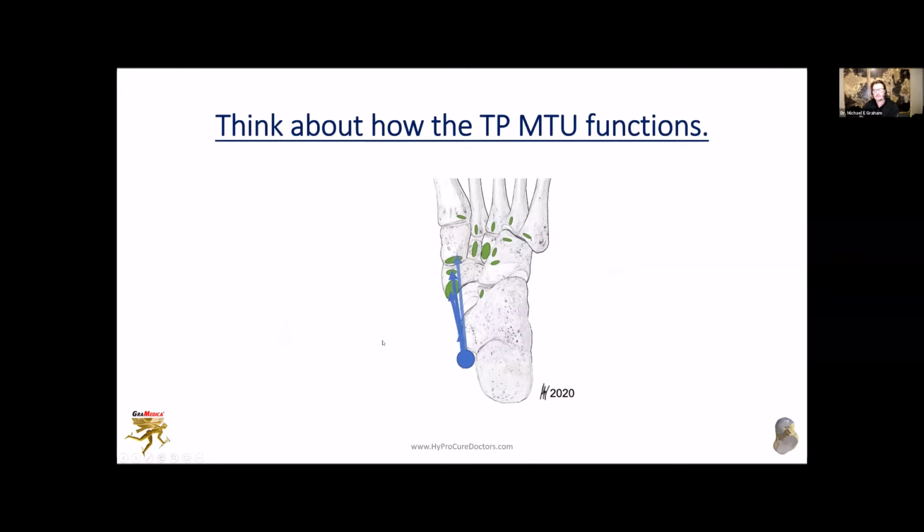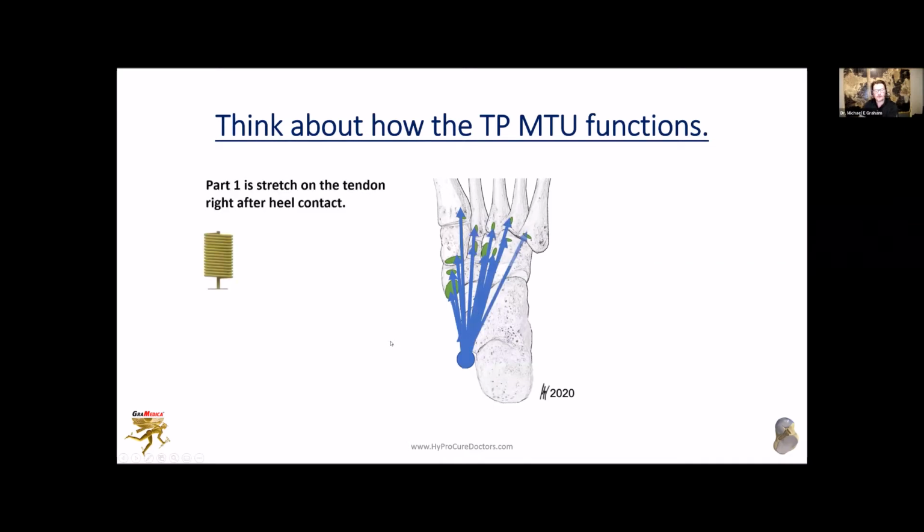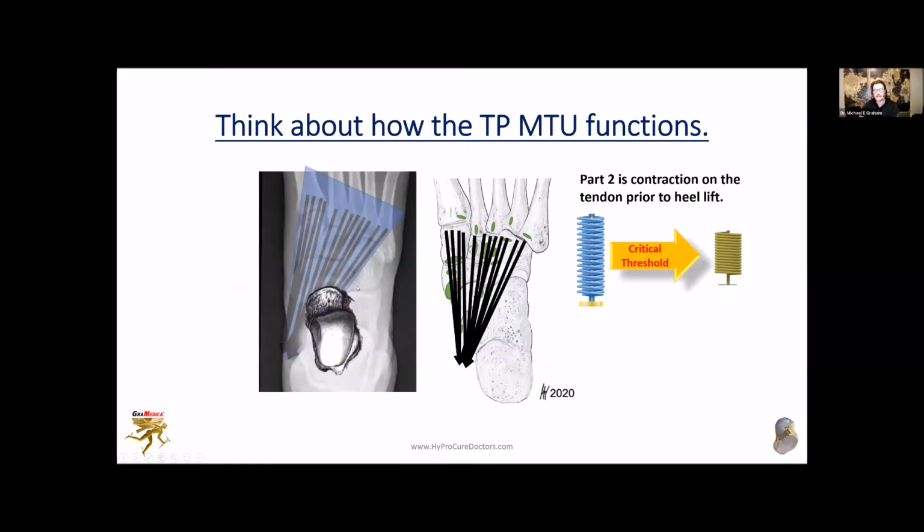So let's think about how this muscle tendon unit is functioning with its insertions into the plantar aspect of the foot. When the foot is in the air during the swing phase of the gait cycle, the tendon has no stretch on it. But once the person is weight bearing, we're going to have a specific amount of strain placed on the tendon.